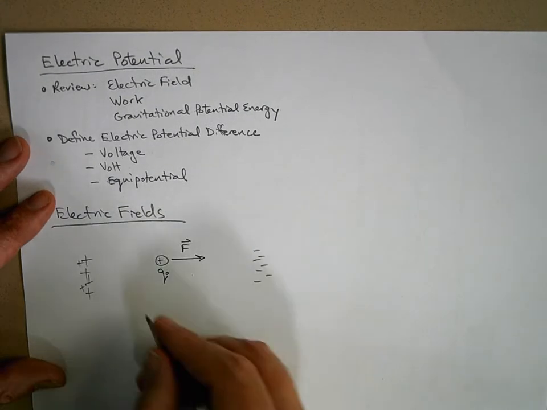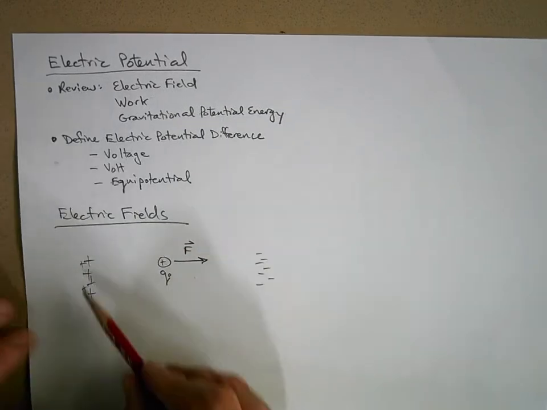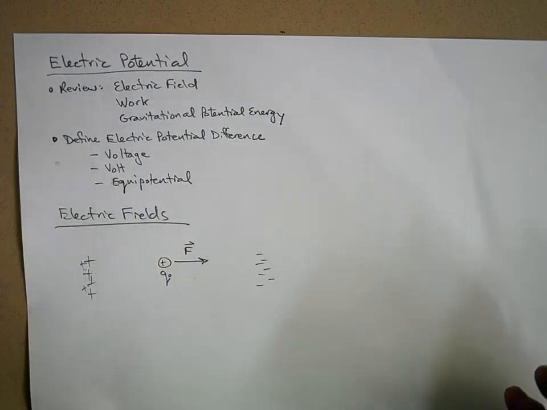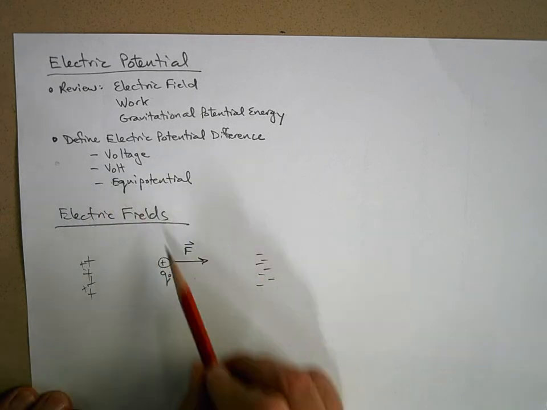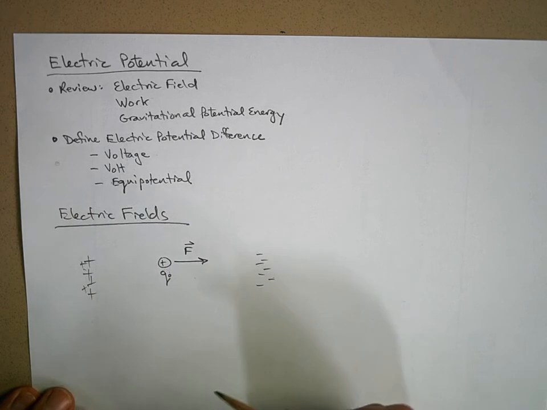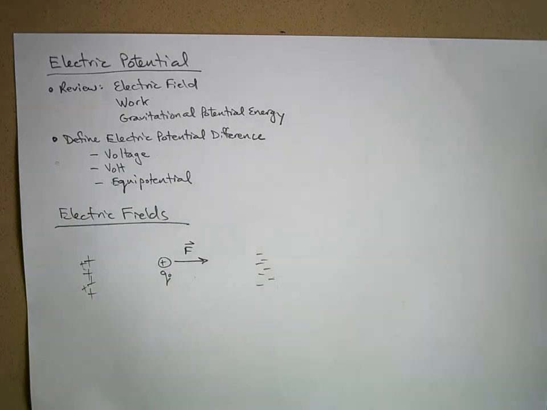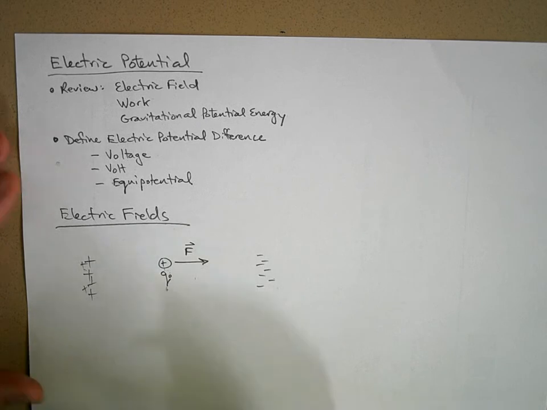And we say that the field around it, that is the space around these separated charges, can apply forces to objects that are placed in that space as long as they have a net charge on them, and that the electric field describes how much force this object is going to feel depending on how much charge it has.